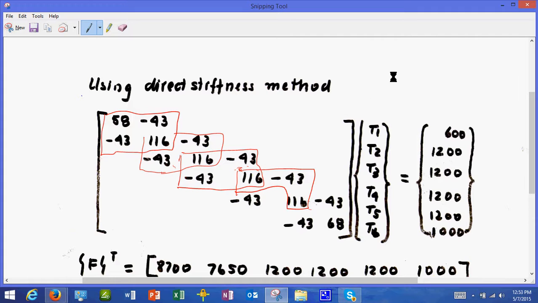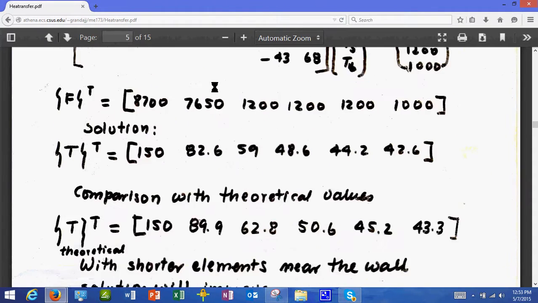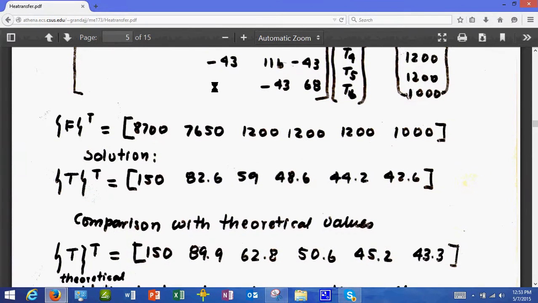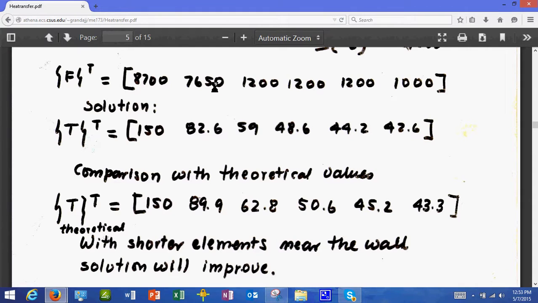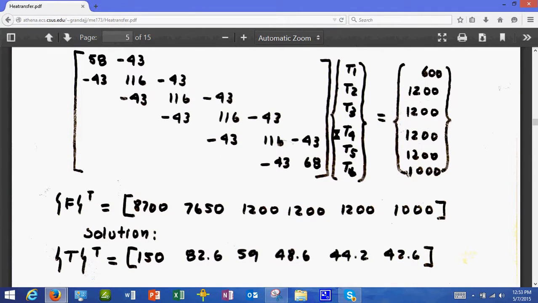Okay. So then you can see how we get the global stiffness matrix. Once you solve these equations, you will solve for these nodal values, and at that point you have solved the heat transfer problem.